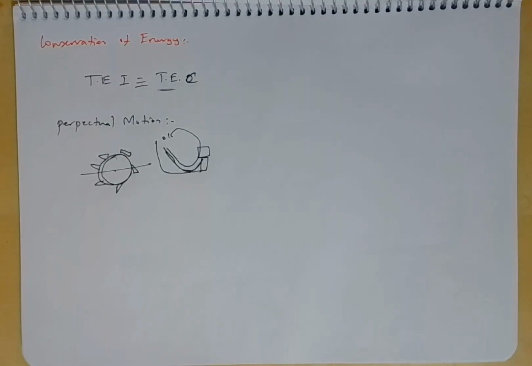You cannot have perpetual motion. But if you calculate all the energy lost, that will be equal. Even if there is a magnetic field that obstructs our motion, then we have to calculate that also.